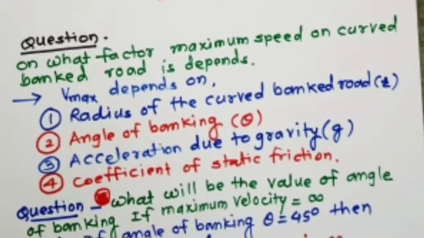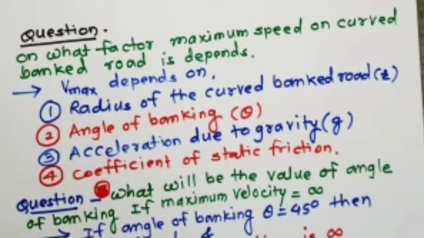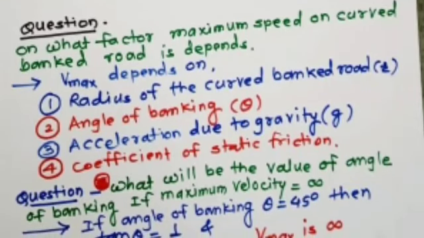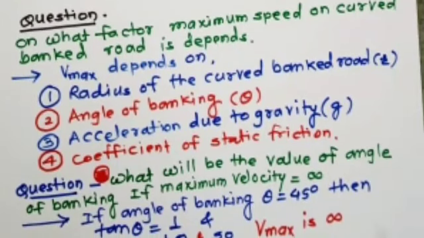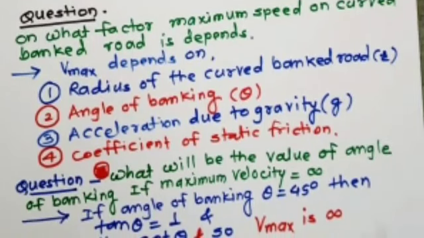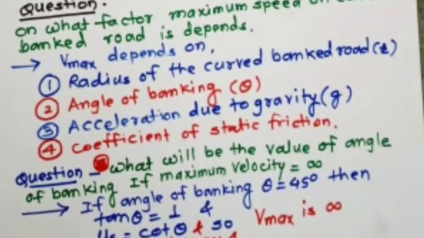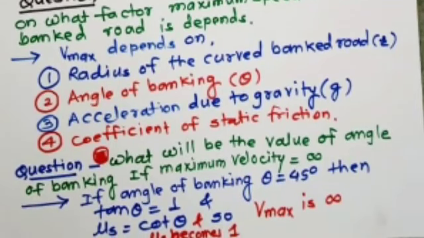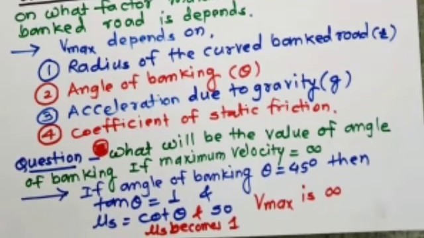The answer is, if the angle of banking theta equals 45 degrees, then tan theta is equal to 1. So mu s is equal to cot theta, and so V maximum becomes infinity. Mu s becomes 1. If mu s is 1, V maximum is infinity.